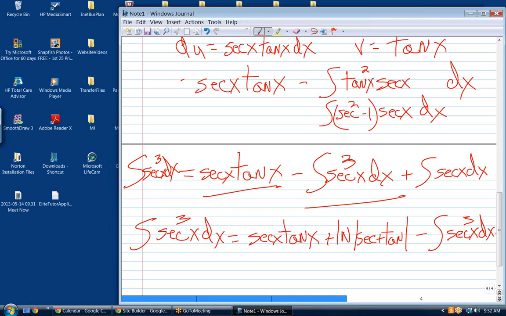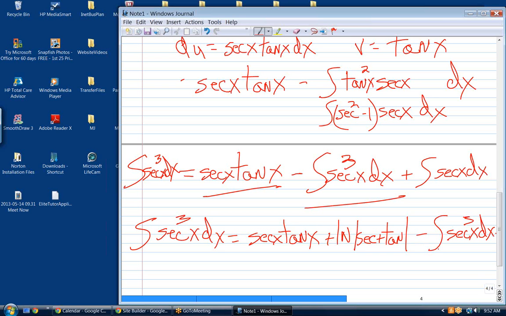So it might look like we've run into a brick wall. What do you suppose I can do next? I can add the integral of secant cubed of x dx to both sides.